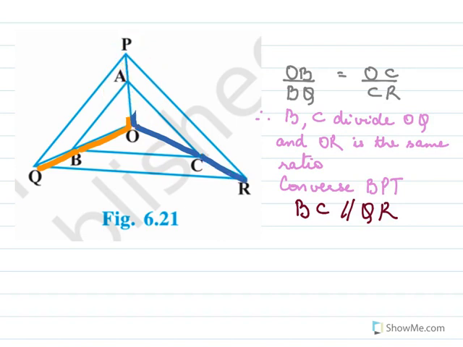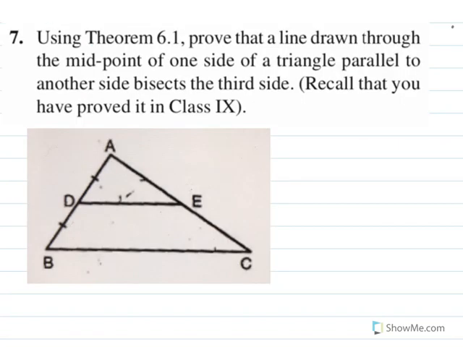So we take away the common, and now we get OB over BQ equal to OC over CR. So C and B divide the sides proportionally. So I can conclude that BC must be parallel to QR.